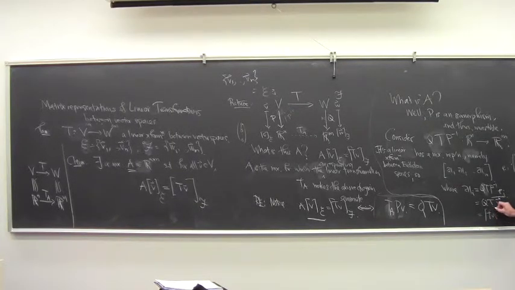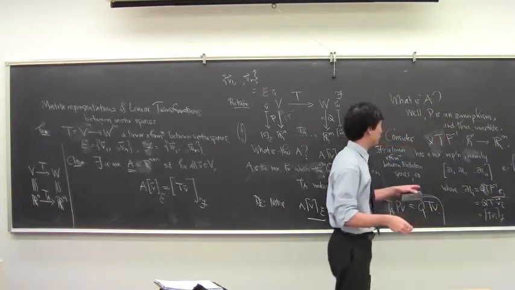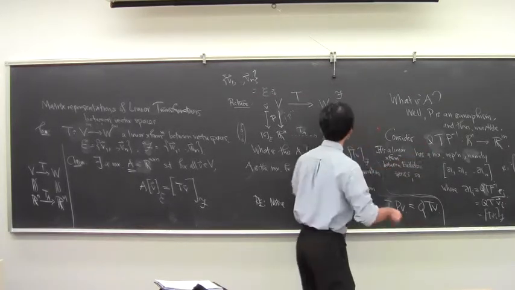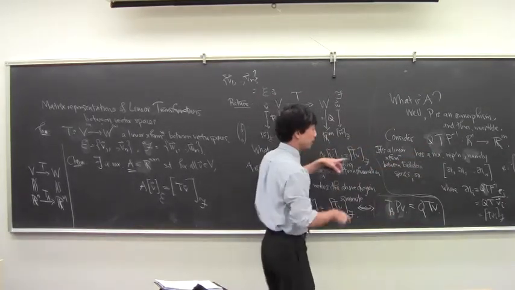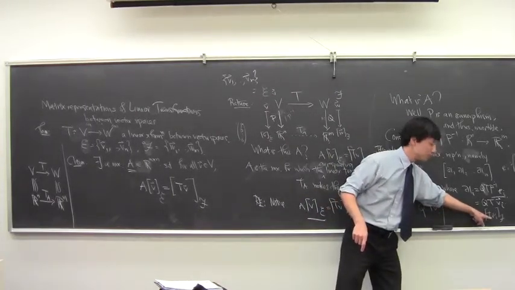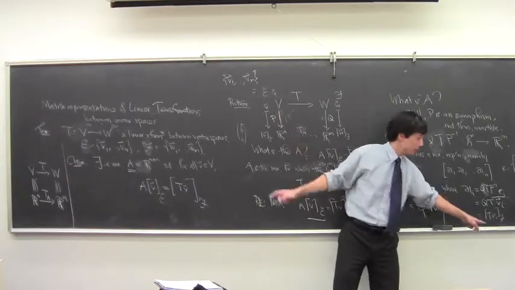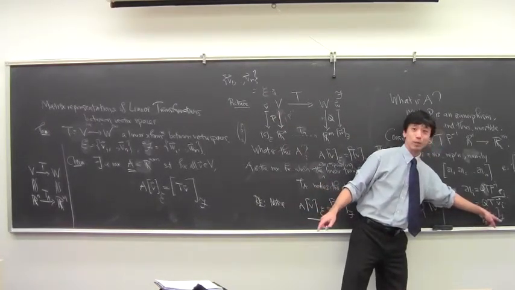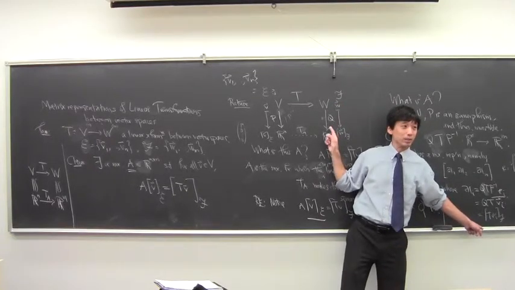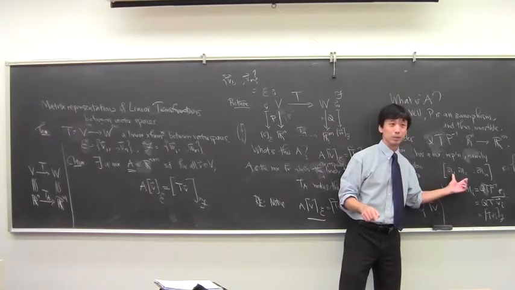Q says take the coordinate vector with respect to F. Q is the thing that says take your vector and give the coordinates with respect to F. So the matrix that makes this work is the one where you take the basis vectors of E, you run them through T, and you express them with respect to the second basis F, and that's going to be your matrix representation.